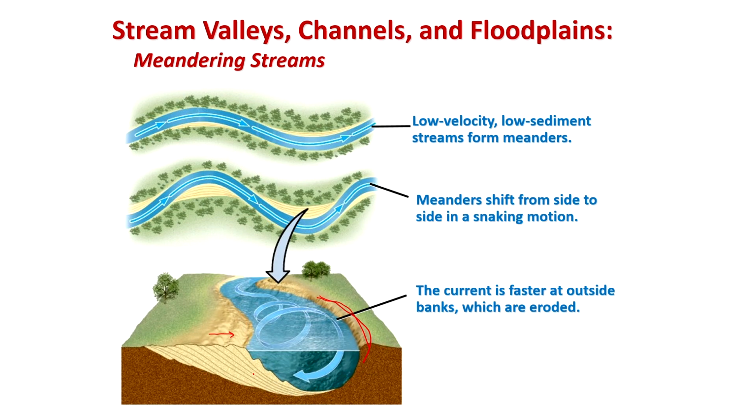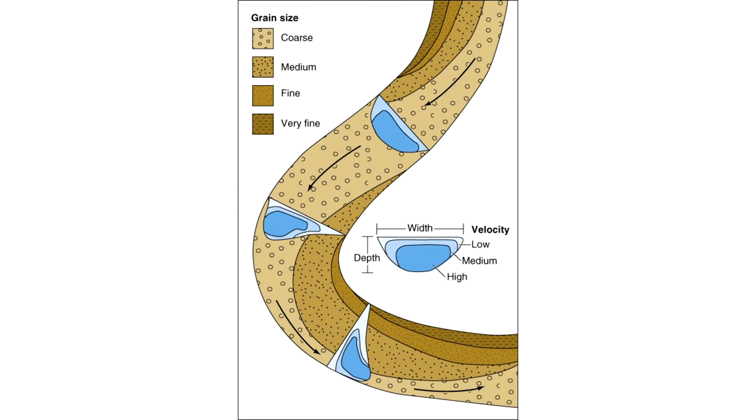In section, you can see what we usually call sigmoidal cross stratification in the point bar region.